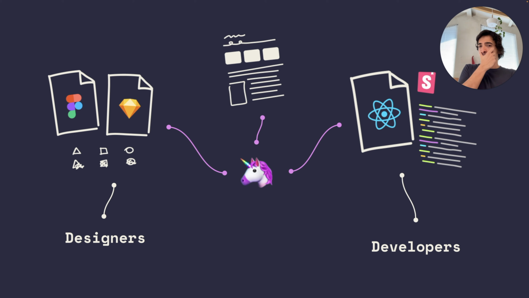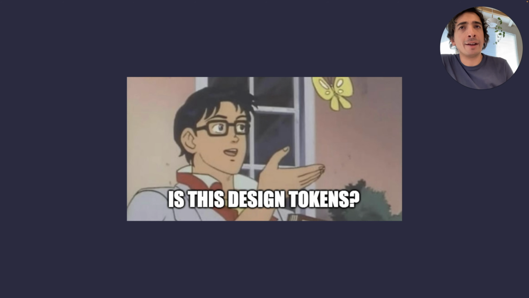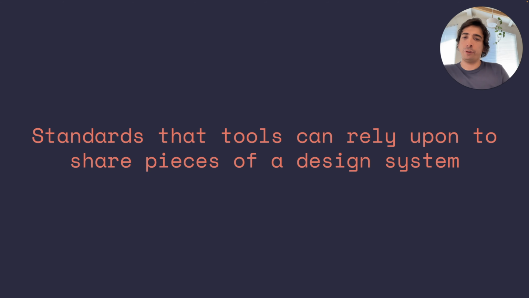All right. When I was showing you this diagram with the unicorn that's keeping everything in sync, I'm sure some of you were wondering, wait, is this design tokens? Are design tokens the solution we're looking for? Well, yes and no. For those who don't know, design tokens are standards that tools can rely on to share pieces of a design system.